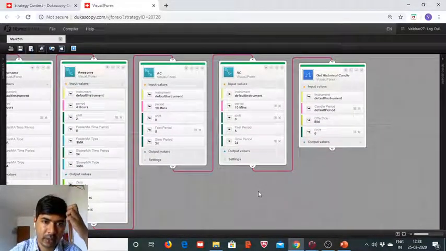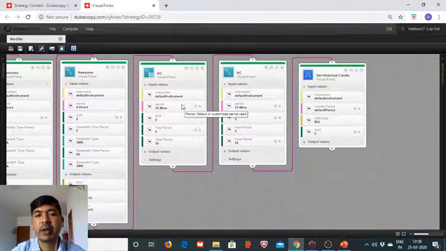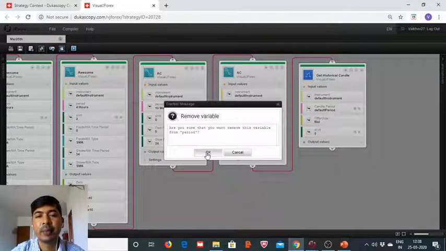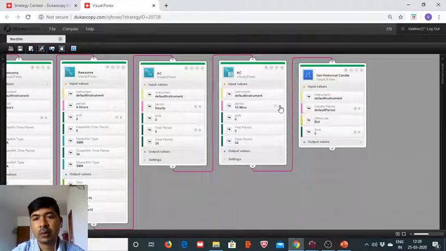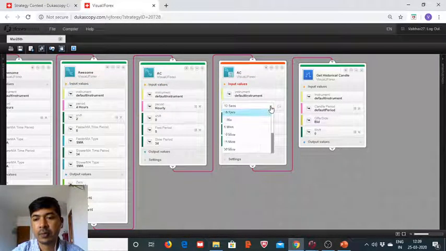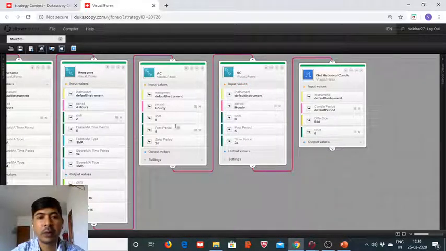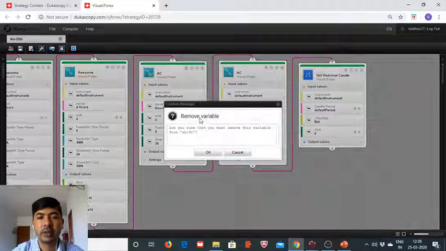Now coming to the acceleration, deceleration, here we defined it at hourly time frame. And again shift 1 and shift 2.